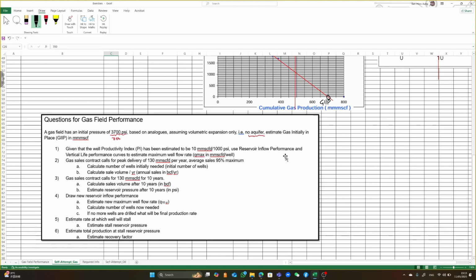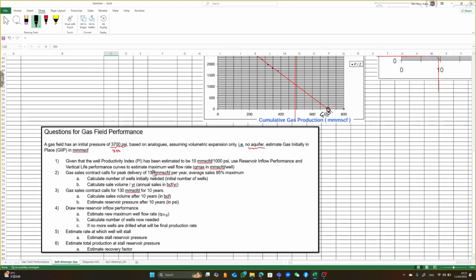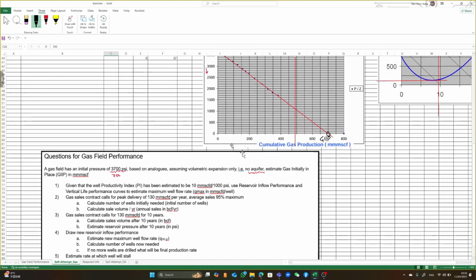Use the reservoir inflow performance and vertical lift performance curve to estimate the maximum well flow rate, Qmax, per well. So what are we given over here? We are given the productivity index, which is 10 MMSCFD divided by 1000 psi.